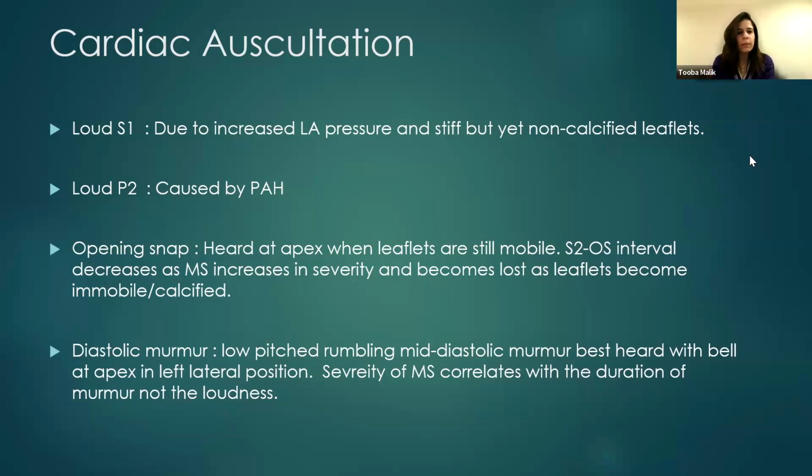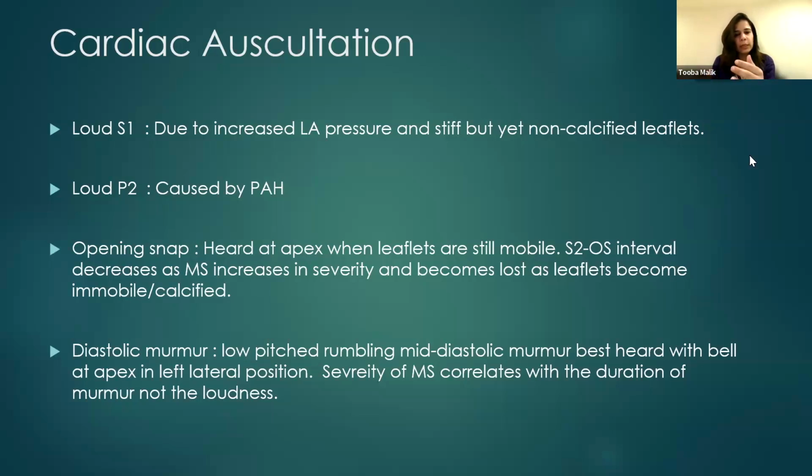You would have a loud S1 because of your increased left atrial pressures. And what happens is that the mitral annulus, the aperture becomes very stiff. And that's when the LA pressure, so the blood in the left atrium, is going to push against a very tight, very narrowed mitral valve at the end of diastole.